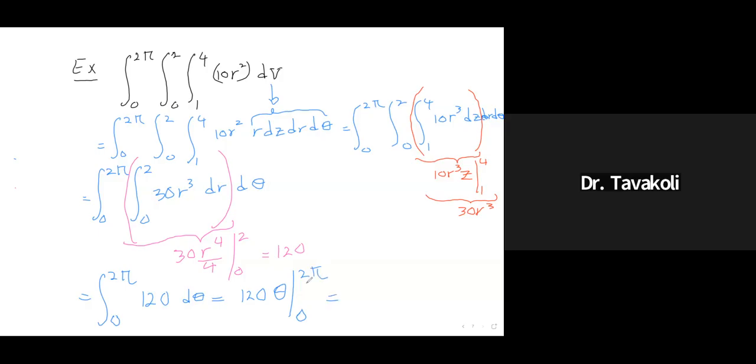When theta is 2 pi, 120 times 2 pi is 240 pi. And when theta is 0, 120 times 0 is just 0. So the final answer is 240 pi.